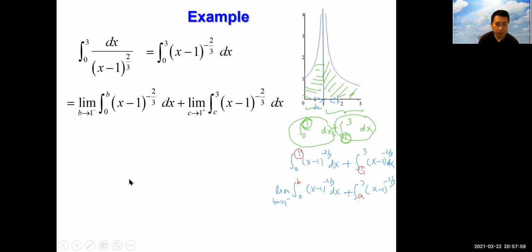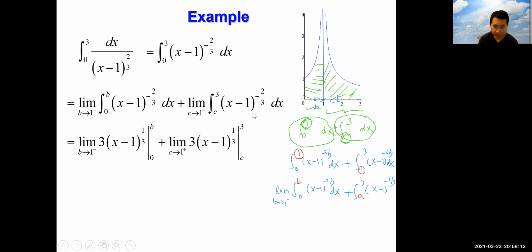Now, this integral is easy to integrate, right? Just add 1 to the exponent. So negative 2/3 plus 1 is 1/3. So you have (x minus 1) to the 1/3 divided by 1/3, or times 3. Same for the second integral. The first one goes from 0 to b, this one from c to 3.